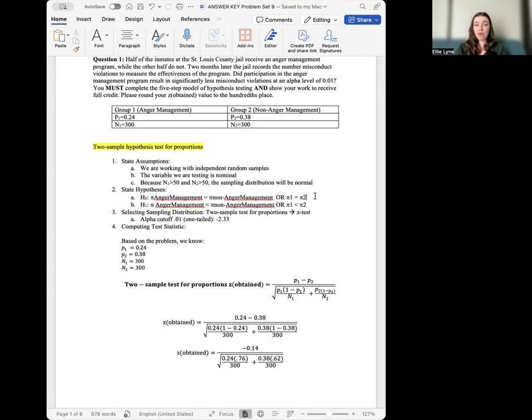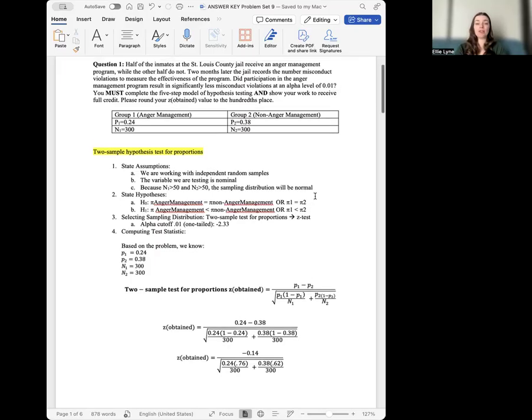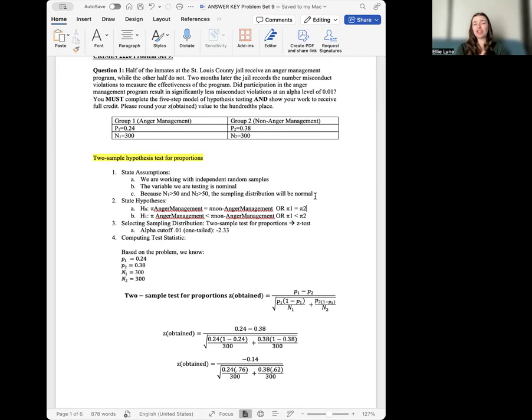Our alternative hypothesis, or our research hypothesis, is going to depend on what our question states, or what we are interested in testing here. To know that, we have to look back at the context of the question. So let's see what our research question is actually asking us.